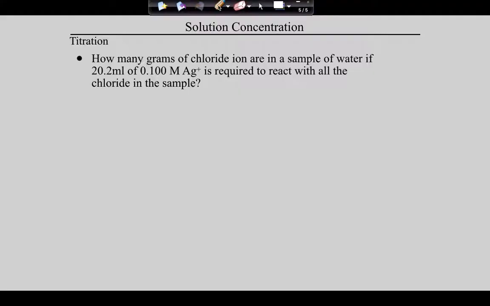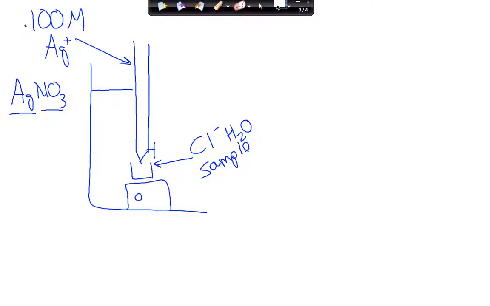So guys, let's set this up then. What are we solving for? What do we want to know? How many grams of chloride? So we're going to go all the way to the right, and we're going to go grams of chloride. Now what do we know about this particular titration that would be an indicator of how much chloride we had?